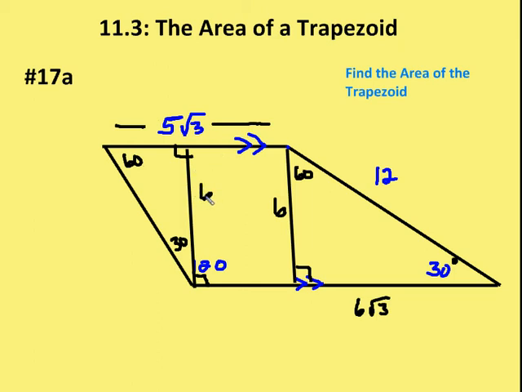Well, I know that this length here is 6, and that's the side opposite the 60-degree angle. And I know that the 30-degree side is that value divided by √3. So I've got a value of 6√3 over 3, or 2√3 for this length here.